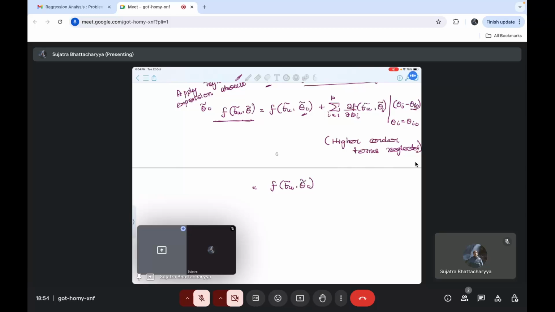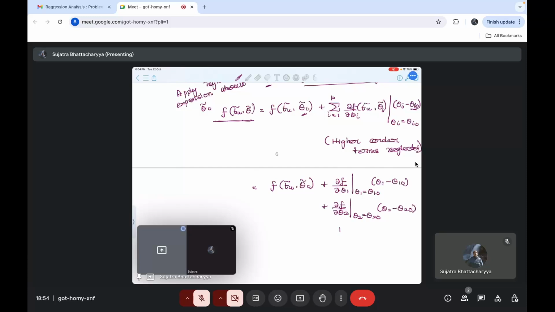This is fine. Plus, it means delta f by delta theta 1 at theta 1 equal to theta 1 0, into theta 1 minus theta 1 0, plus delta f by delta theta 2, the second parameter, at theta 2 equal to theta 2 0, into theta 2 minus theta 2 0.